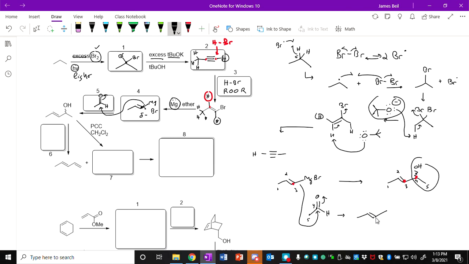So carbon 3 is connected to 4. Electrons get pushed up to the oxygen. 5 is connected to 4. So then in a second step, I need some H3O+ and water because this oxygen needs to pick up a proton to become an OH.